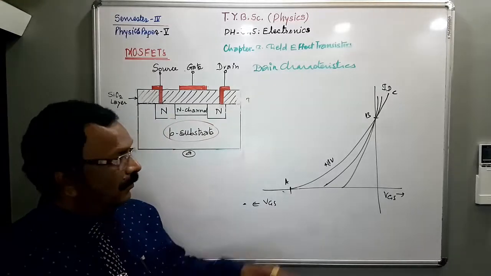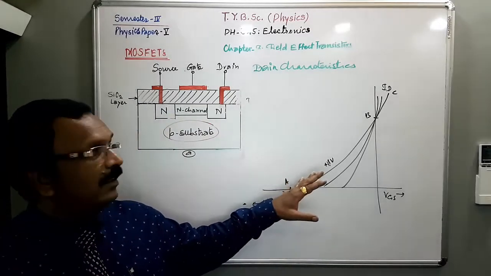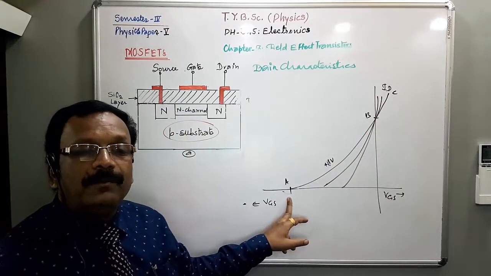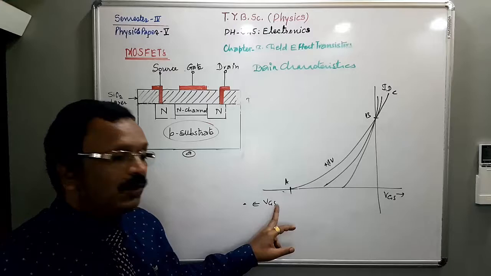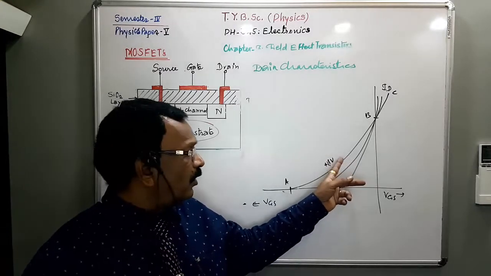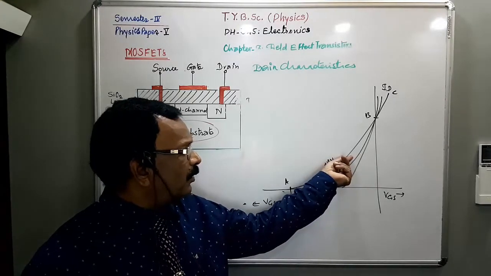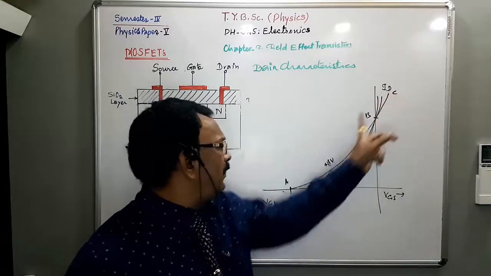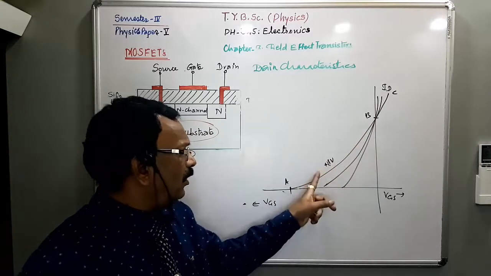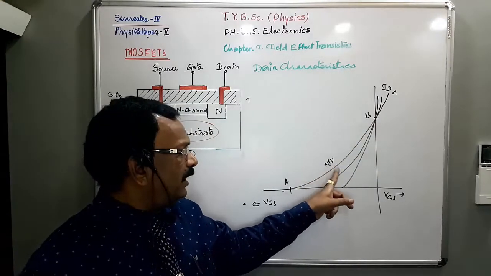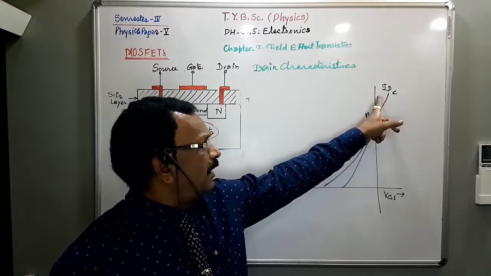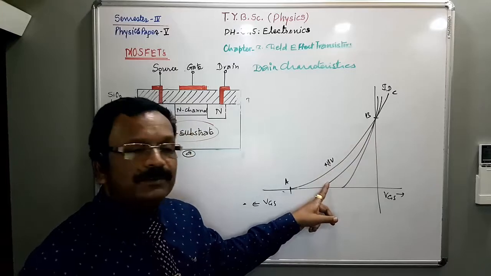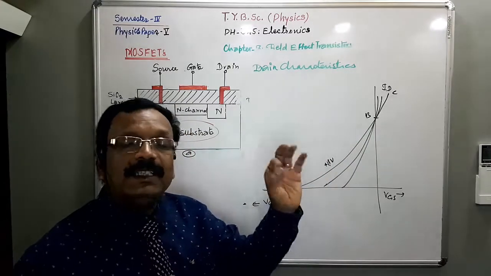In this way, we have the relation between drain current and gate to source voltage at different constants. Though there is a change in ID with respect to VGS, throughout the curve VDS remains constant. Similarly, for each curve VDS remains constant.